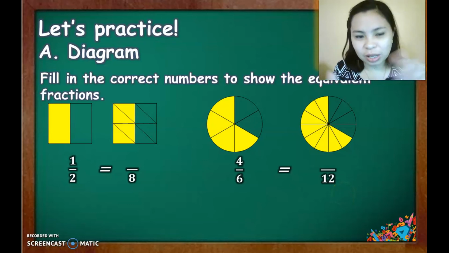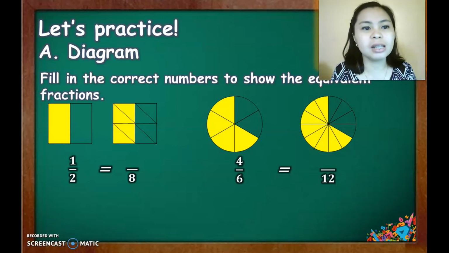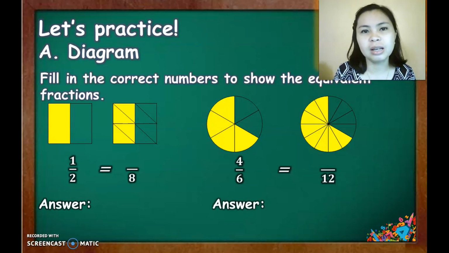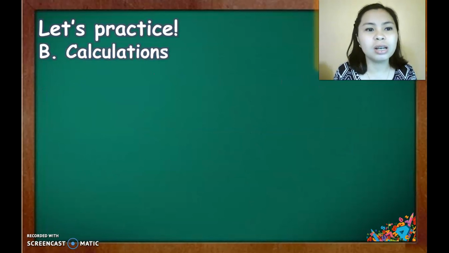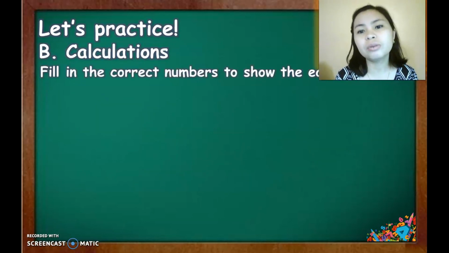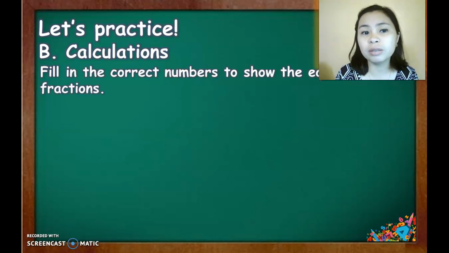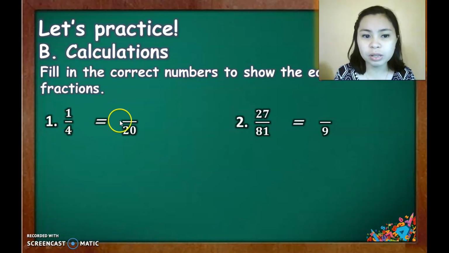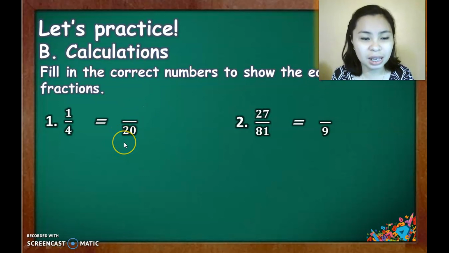Okay, you can do it. Then next, letter B, diagram. You write your final answer. Then calculations: fill in the correct numbers to show the equivalent fractions. Number 1, we have 1 over 4 is equal to a numerator over 20.